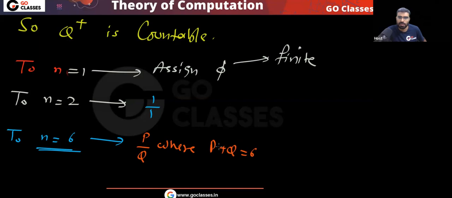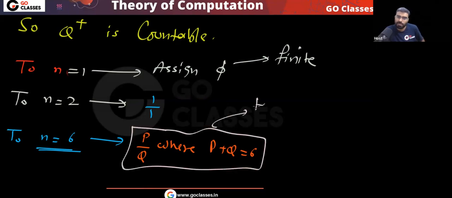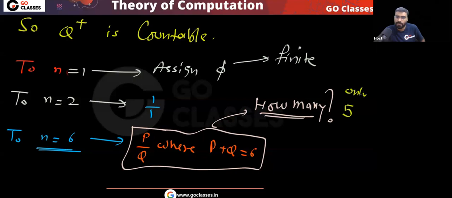How many such p by q are there? Only 5. Very good. And that is finite. Is this clear?